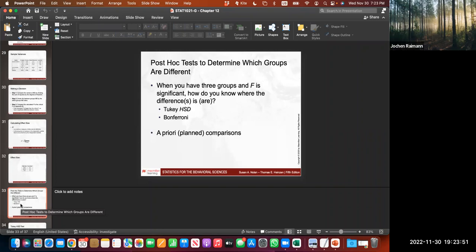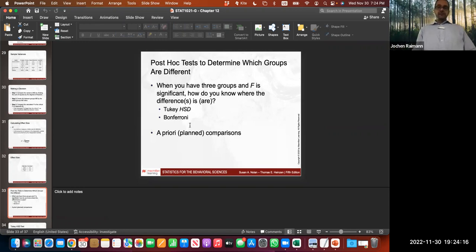If this is not predefined, you will only do these tests when the ANOVA is significant, because you know already, if it's not significant, that none of these groups is significantly different from each other. That's what the ANOVA allows you to interpret.